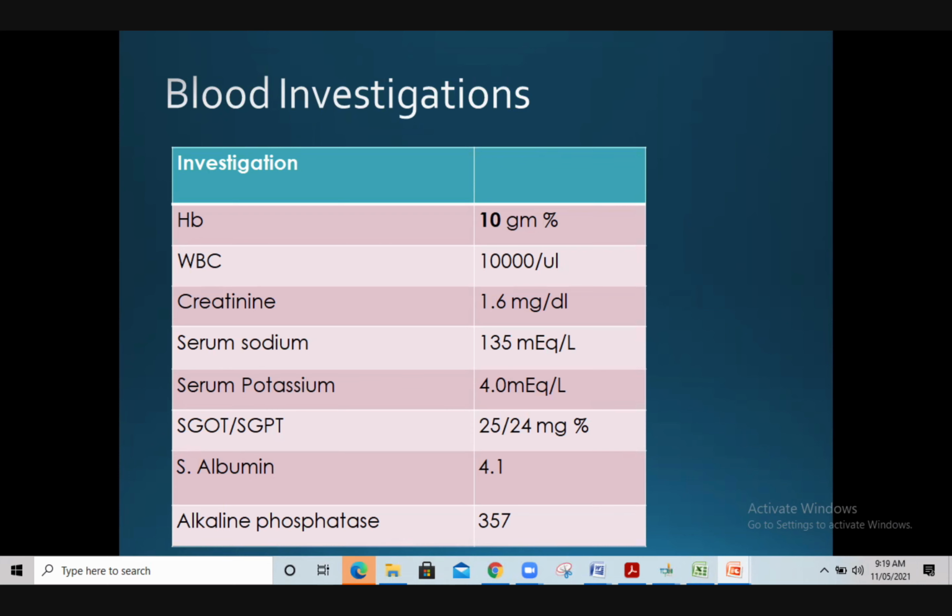What else, which other investigation is possibly likely to give you all the information? PSMA PET. So now tell me the difference between both of them and which one you are going to choose.